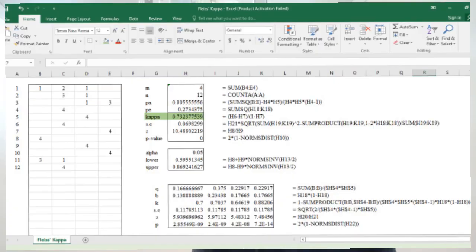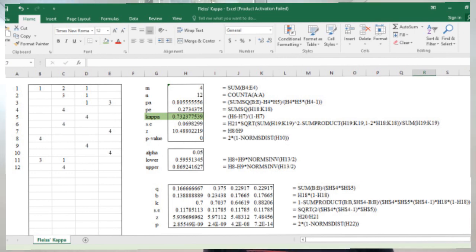And among those many numbers, you're only going to look at that green value, the kappa. The kappa, that is the Fleiss' kappa. In this case, the value of the Fleiss' kappa is 0.73.